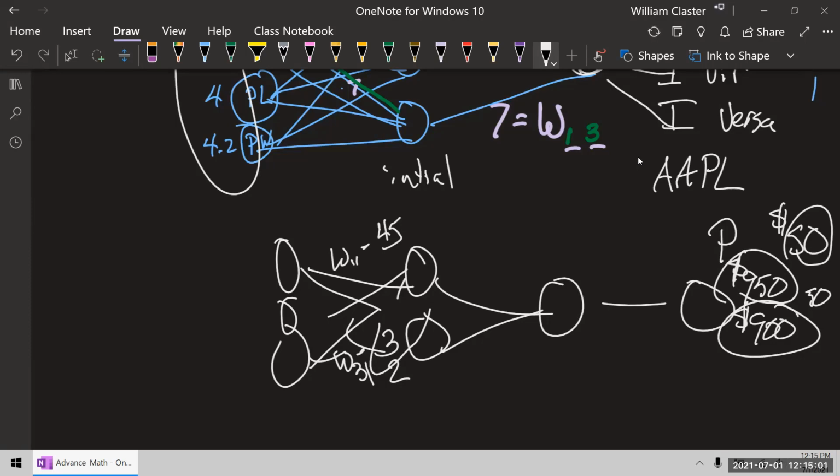So we don't know what's the best way to change the weights to get the 900, but that's what we do. We change the weights based on the error. So we got an error of 50, then we change the weights somehow so that the error wouldn't have been as big as 50.